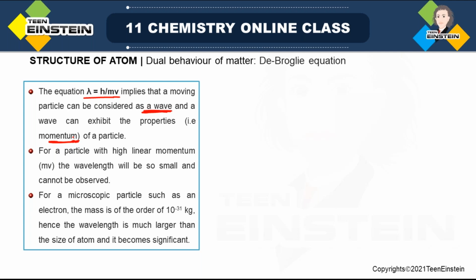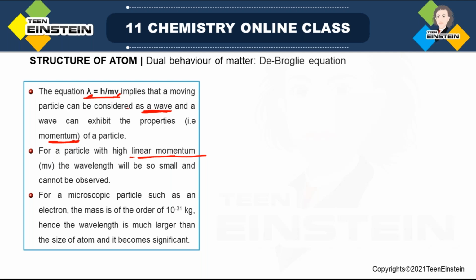But now we will see how this dual behavior of matter, that is wave character, which you can understand from this wavelength, and particle character, that you can understand from the right hand side term, which is mv. Now when any particle has very high linear momentum, then obviously the denominator on the right hand side, mv, is very high.